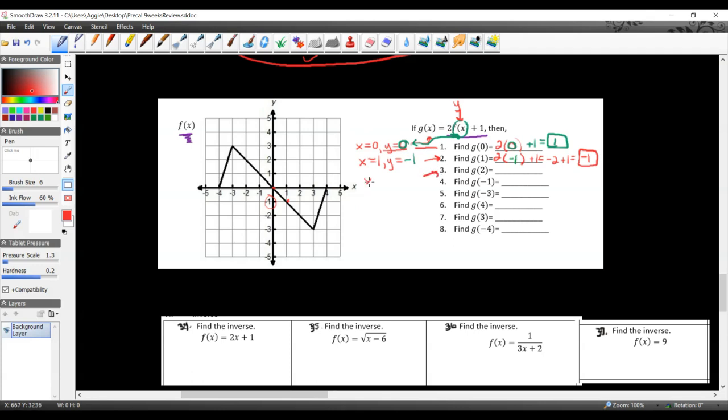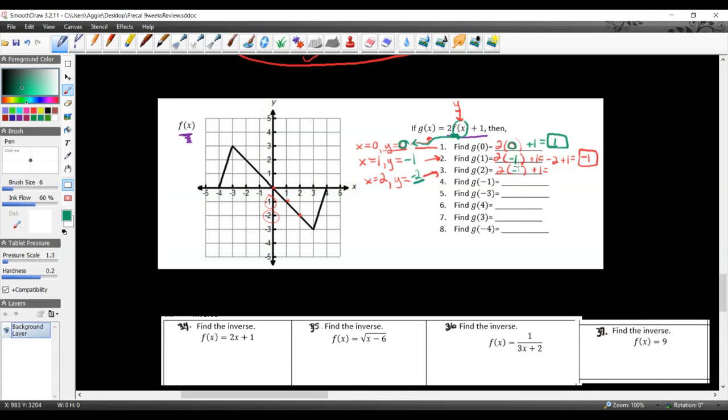Okay, let's look at another one. So this is when x is equal to 2. Okay, so when x is equal to 2, that's right here. This one is -2. So y equals -2. I'm going to do the same thing. I'm going to go ahead and plug that in. So 2 times something plus 1. And we want -2.